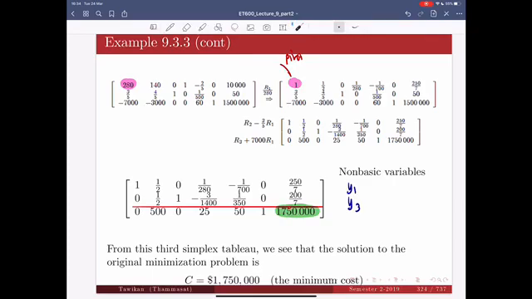The maximum value of Z is 1,750,000. That is the maximum value of Z. And it occurs when your Y1 is 250 over 7 and your Y3 is 200 over 7. What about Y2? It means that Y2 must be 0. And out of the two columns for the slack variables S1 and S2, you're going to get the values of S1 and S2 that give you the minimum value of the cost.